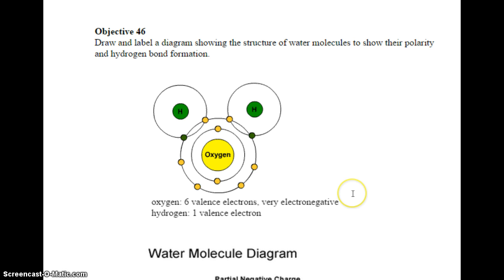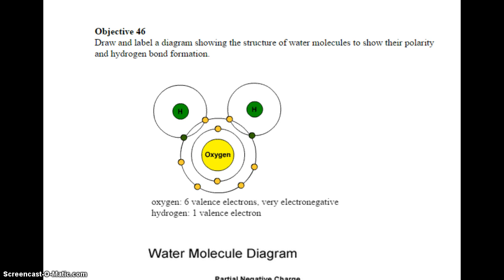bonds, I guess. And oxygen has 6 valence electrons and is very electronegative, while hydrogen has 1 valence electron and is not very electronegative.